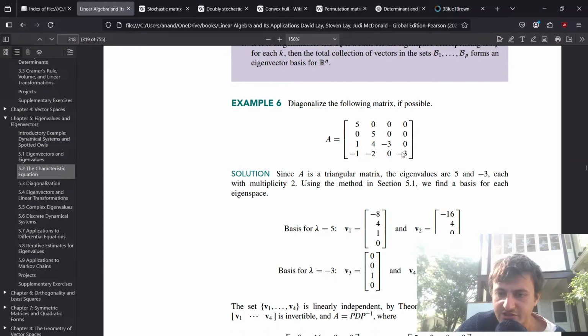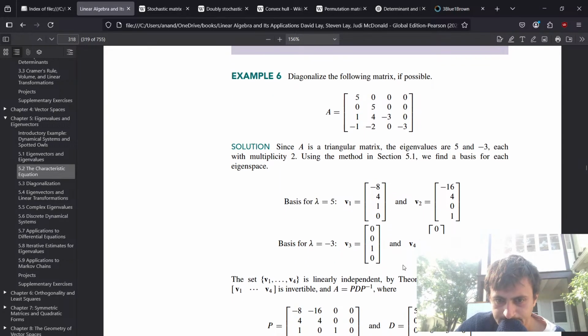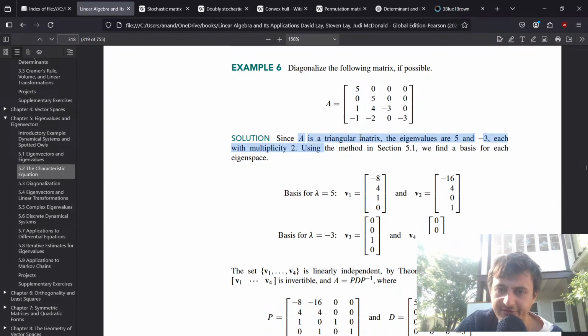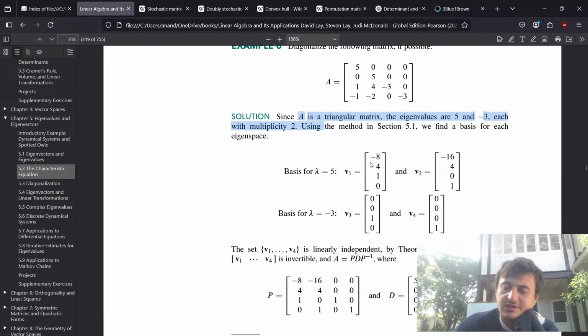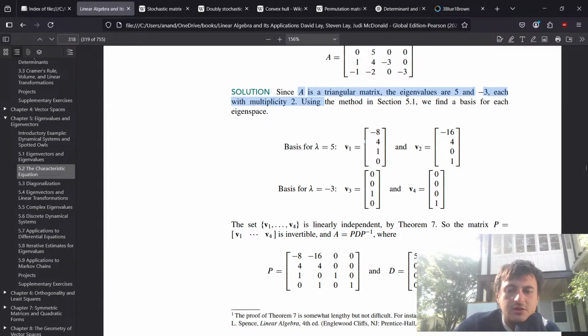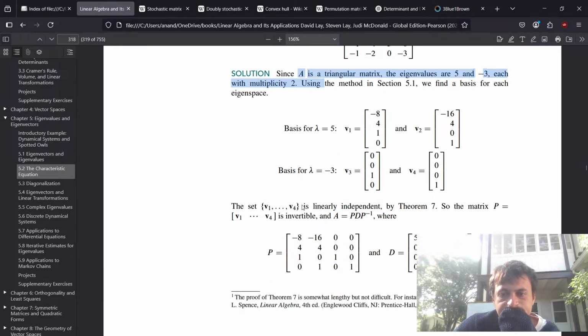Take the matrix with entries 5, 5, minus 3, minus 3. Since A is triangular, the diagonal entries are the eigenvalues, and they both have multiplicity 2. Using the method in section 5.1, we find a basis for each eigenspace, and the way you do that is you compute the null space of A minus 5I.